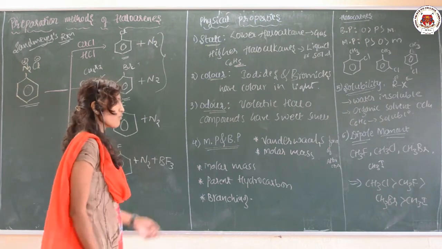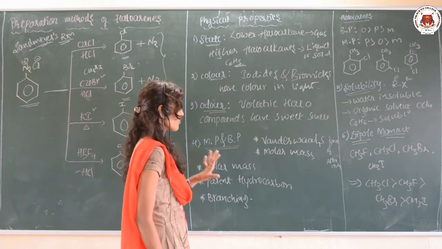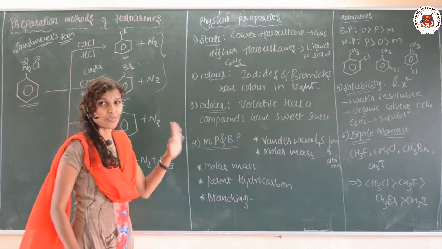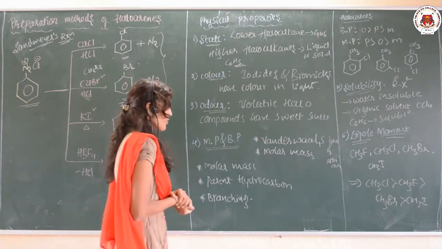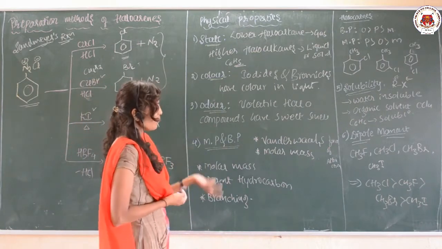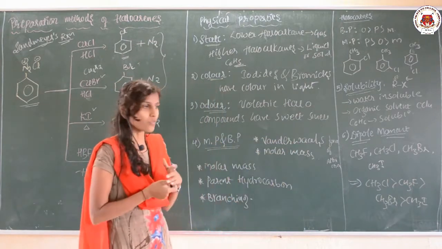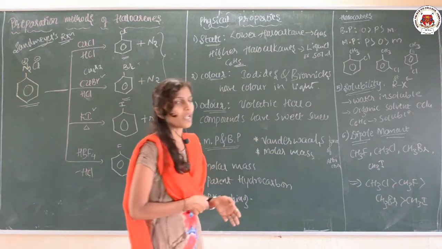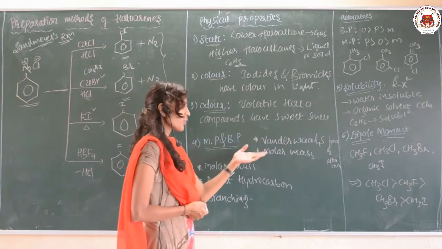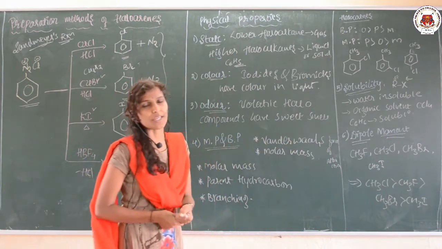Let me go for the boiling point and melting point, which is one of the very important physical properties. The boiling point and the melting point depend upon the van der Waals force of attraction as well as the molar mass or molecular mass, because the van der Waals force of attraction is proportional to the molecular mass.